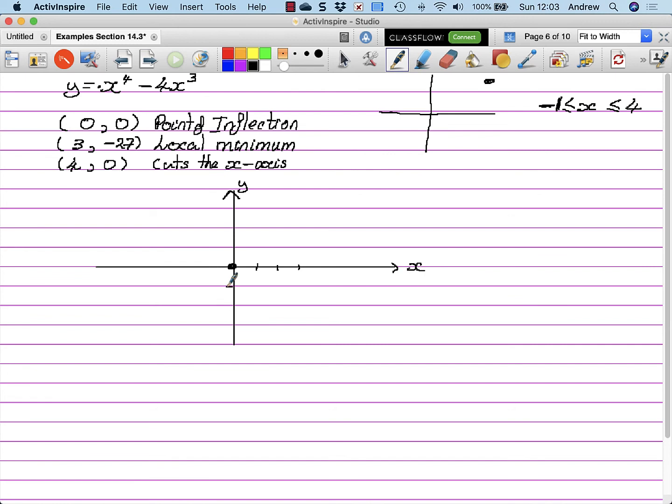So we're going to do -9, -18, -27. This is a sketch, so it doesn't have to be perfect. So we've got another point here, and that point is a local minimum.